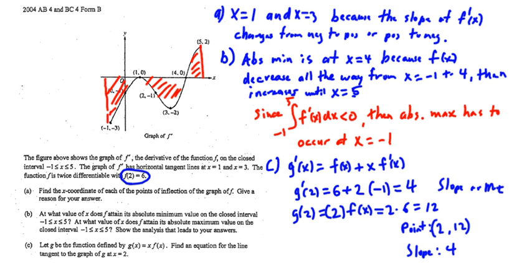So our equation is y minus y sub 1, y minus 12, equals our slope, 4, times x minus x sub 1, x minus 2, and this is going to be our answer, part C.